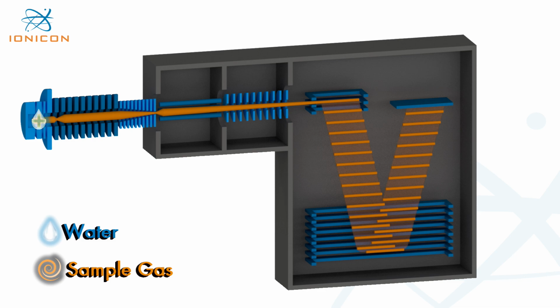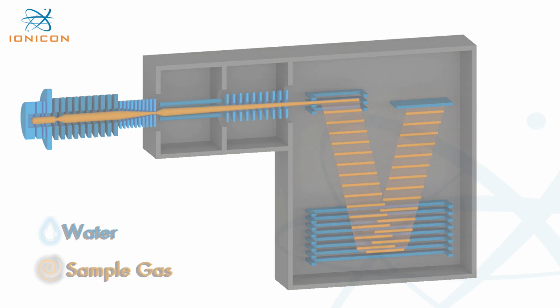There, a proton is attached to the H2O, producing extremely pure H3O+. The sample gas is continuously drawn into the drift tube where proton transfer from H3O+ very efficiently ionizes VOCs. Finally, the ions are mass separated and detected in the TOF analyzer.